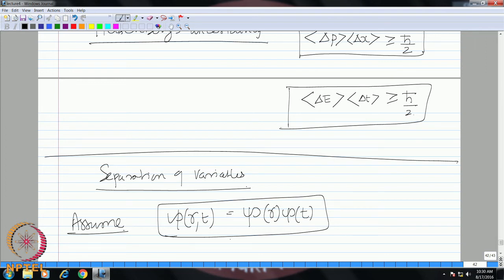The other important condition for separation of variables is you should have at least two homogeneous boundary conditions in a particular direction. So, two homogeneous means if you have a two dimensional system like this, in one direction, either in this direction or this direction, you should have homogeneous boundary conditions.